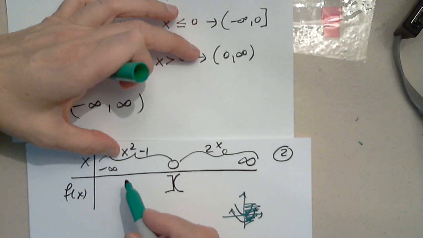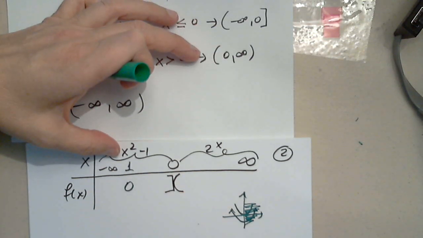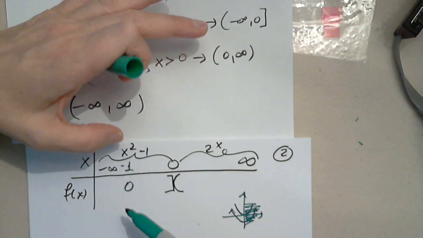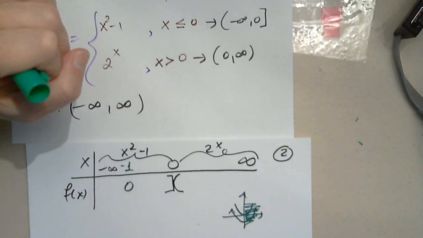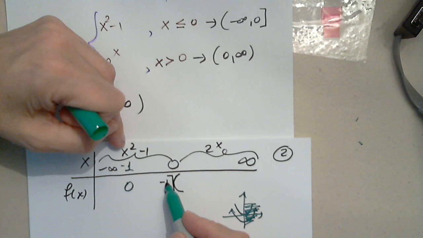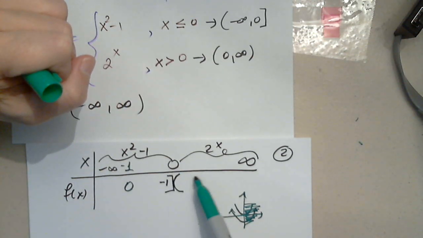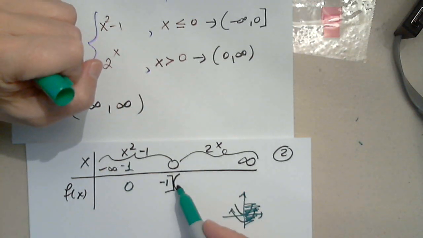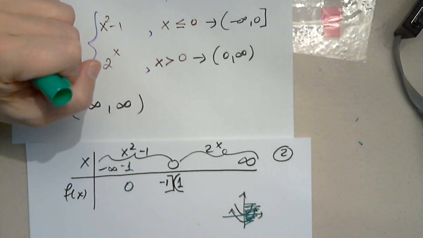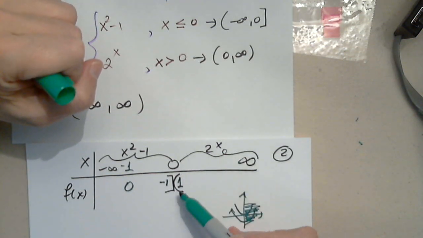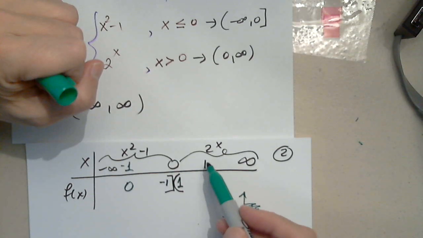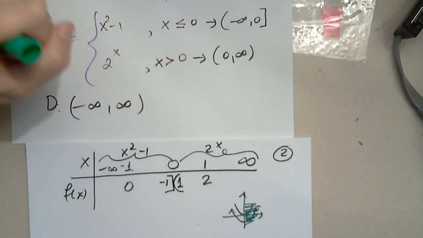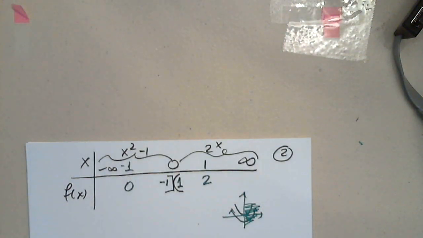It's going to be 0 at negative 1, of course. Negative 1 squared, which is positive 1, minus 1 is 0. And at 0 it will be negative 1. Now on this side, when I plug in 0, 2 to 0 is 1. When I plug in 1, 2 to the first power is 2. That's basically all I need.